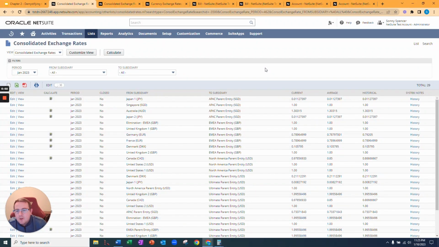Let's navigate to our consolidated exchange rates table. As we can see here, for our German entity for January 2023, we have our consolidated exchange rates. When compared to our French entity, we can see that the current rate is the same when we're looking at the currency pair of euro to GBP.